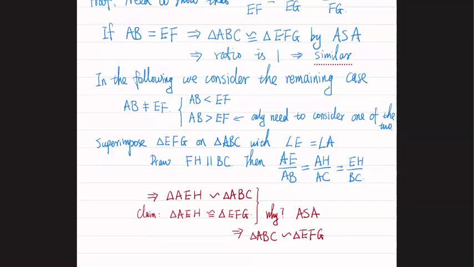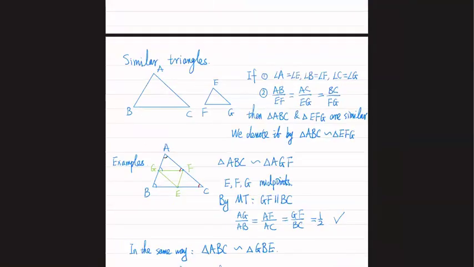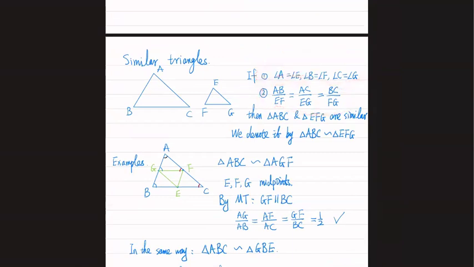Okay. So in the definition of similar triangles, we have two sets of conditions. Now we show that only the first set is sufficient. If we can verify they have the same angles, then the sides will have the same ratio.